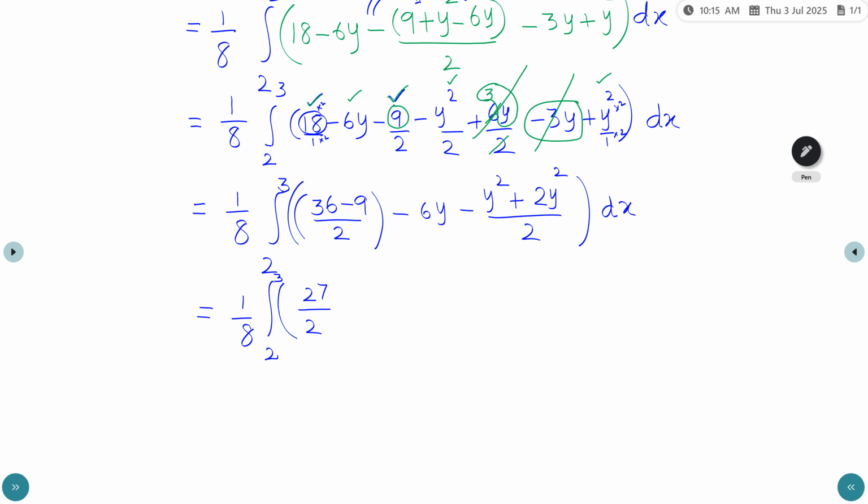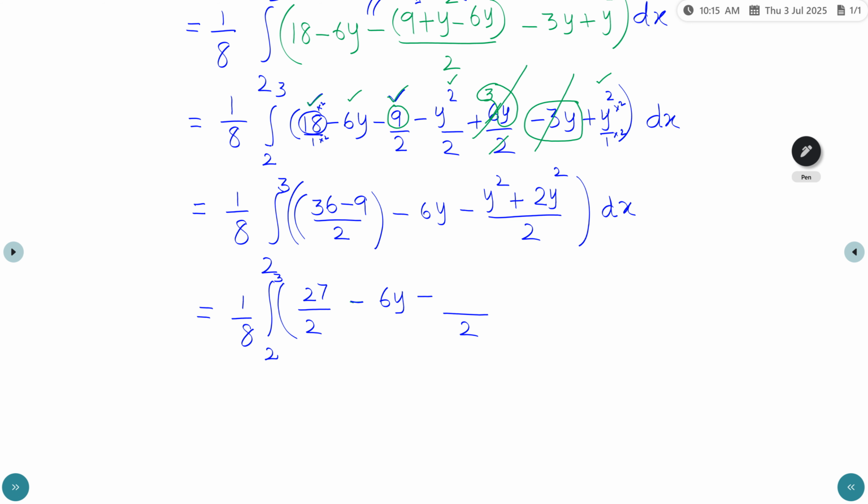27 minus 6y plus y squared, where the denominator is 2.